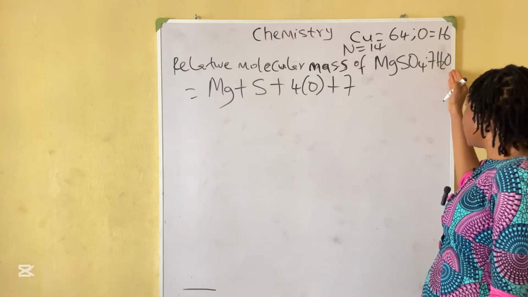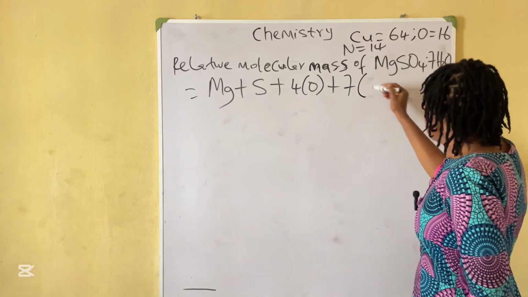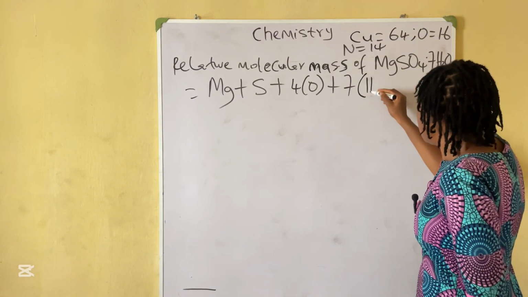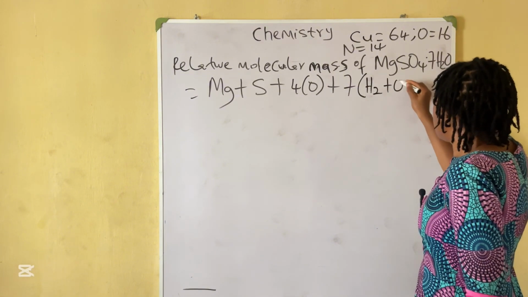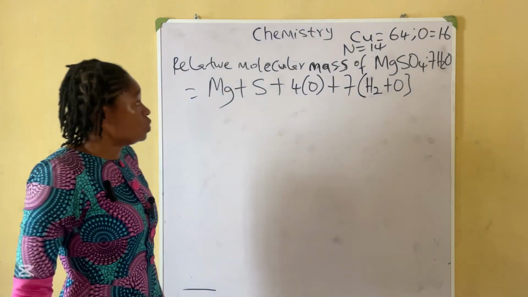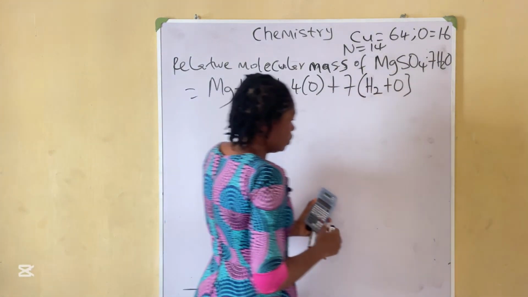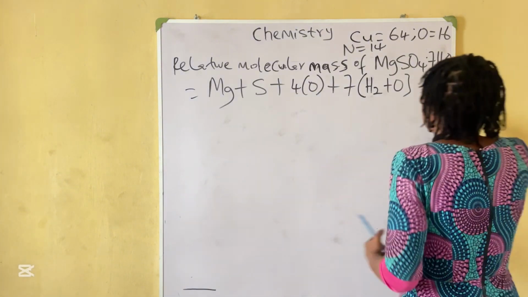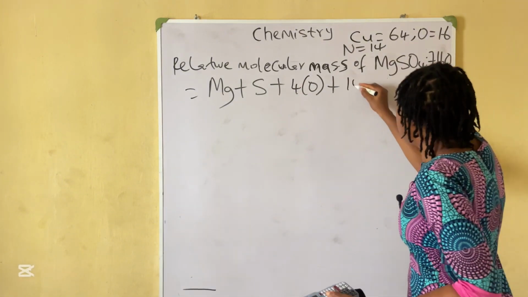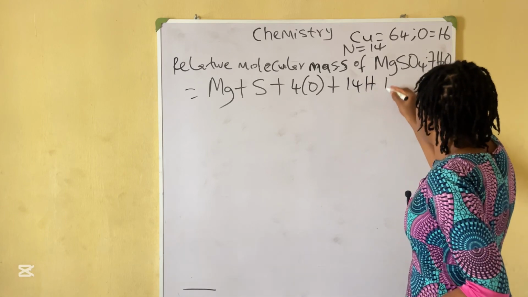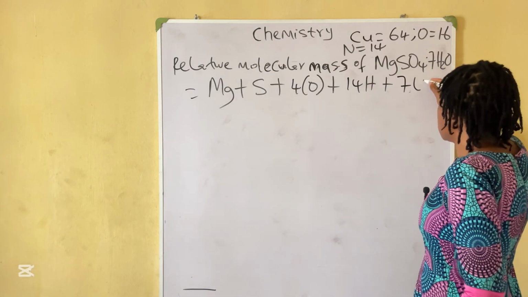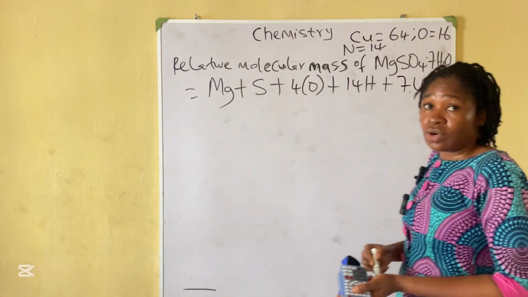It's just this water. How many atoms of hydrogen do I have here? Anyhow you want to do it, if you want to do it like this, 7 times 2, 14 hydrogen plus 7 times 1, 7 atoms of oxygen. You are still correct.